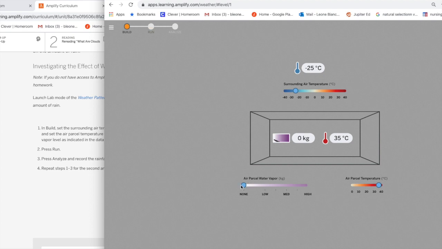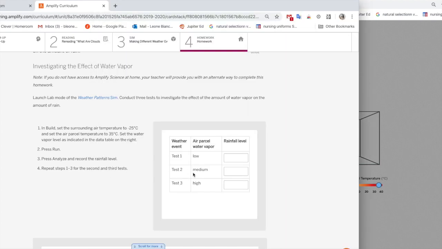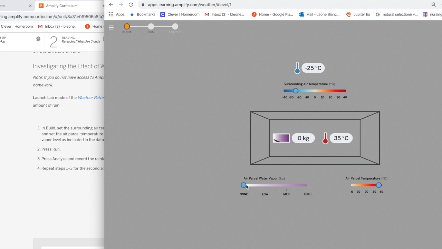So I want you to run the test on low, medium, and high. We know that there's always water vapor in the air, but we want to test it on a low number, a medium, and high. High indicating being similar to adding the lake, and low being without the lake.